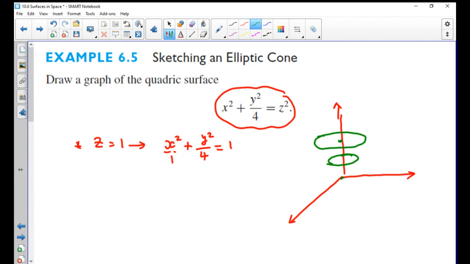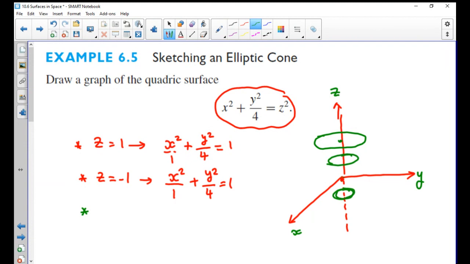I will also get them going down, because when z is minus 1, for example, because of the square, you will get x squared over 1 plus y squared over 4 equal to 1. So if we go down, it will also be an ellipse down here.